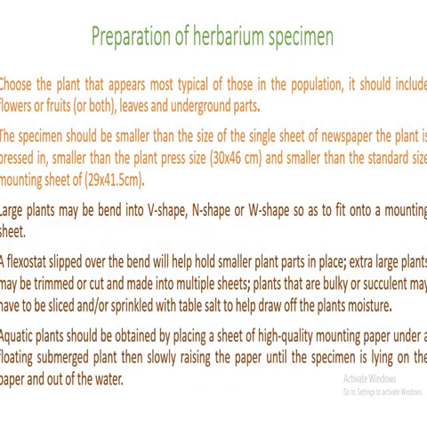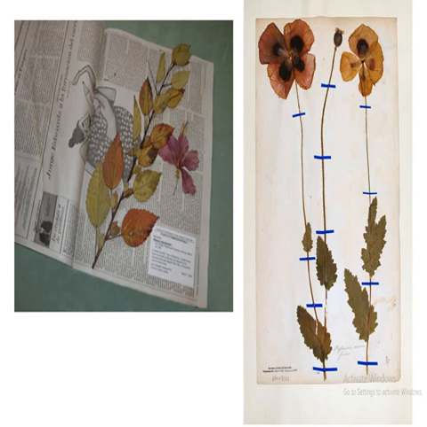Aquatic plants are collected by using a high quality mounting paper which is placed under the submerged floating aquatic plant. Then you raise this particular high quality mounting sheet up slowly, and if the plant is lying onto the mounting sheet, then you bring it out of the water.